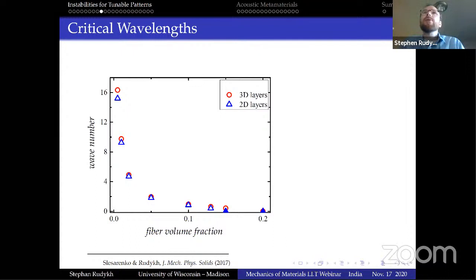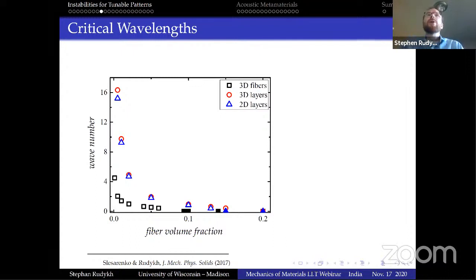Now I'm going to compare this to the fiber composite, and here it appears that although the trends are very similar, the difference in the characteristic wavelengths at which the instability develops is quite large. For example, for smaller volume fractions, the factor is maybe 2 versus 16, so more than 8 in this case.